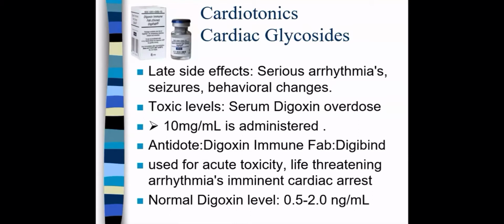So when we have toxic levels of this medication, they will take a serum digoxin blood level and look for overdose. If too much of this medicine builds up in the bloodstream, you can understand that the action of this medicine is to slow the heart rate down, so it's going to slow way down, maybe in the 50s or even in the 40s.